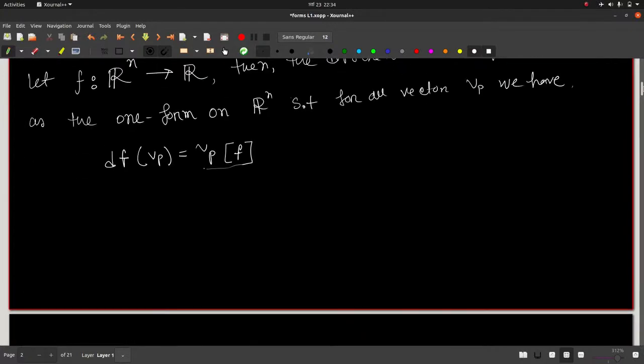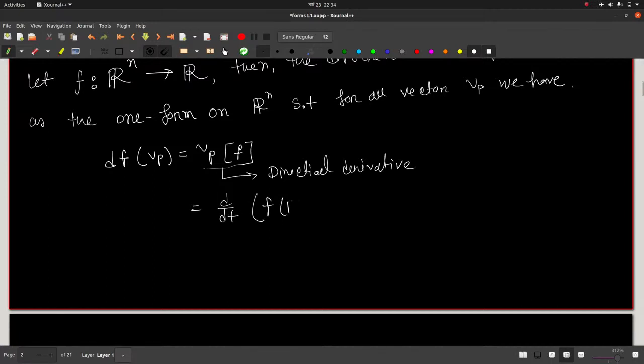And if you recall from the past lectures, this was nothing but the directional derivative on that manifold, or so to say on that point of that manifold. So this was written as d/dt of f of p plus t vp, and we want to compute it at t equals 0.